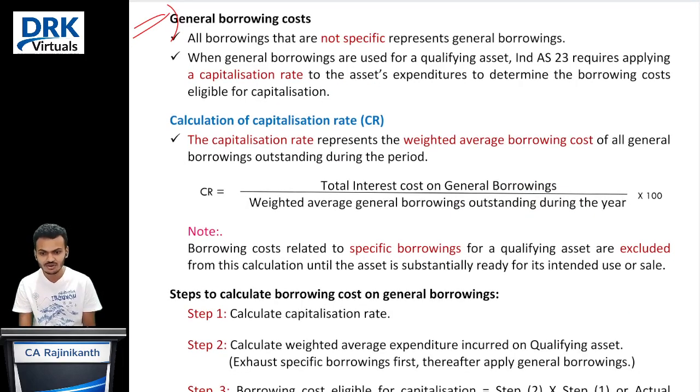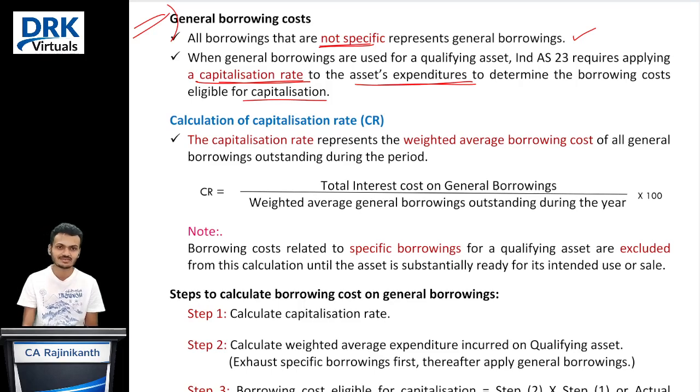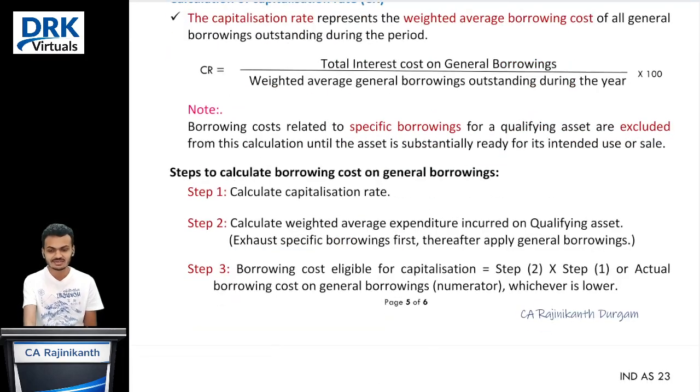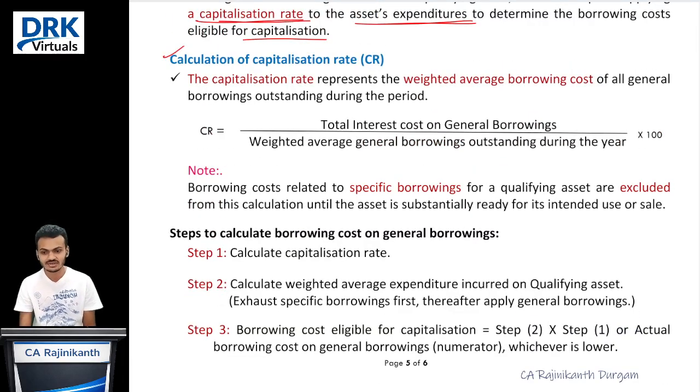See, all borrowings that are not specific represent general borrowings. First one. When general borrowings are used for a qualifying asset, Ind AS 23 requires applying a capitalization rate to the asset's expenditure to determine the borrowing cost eligible for capitalization. Fine. Let's discuss that. What is the capitalization rate? Capitalization rate is the weighted average borrowing cost of all general borrowings outstanding during the period.